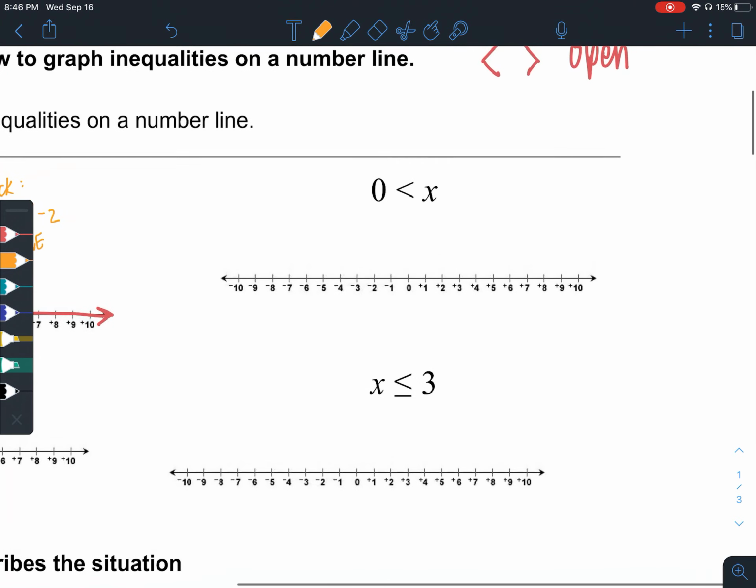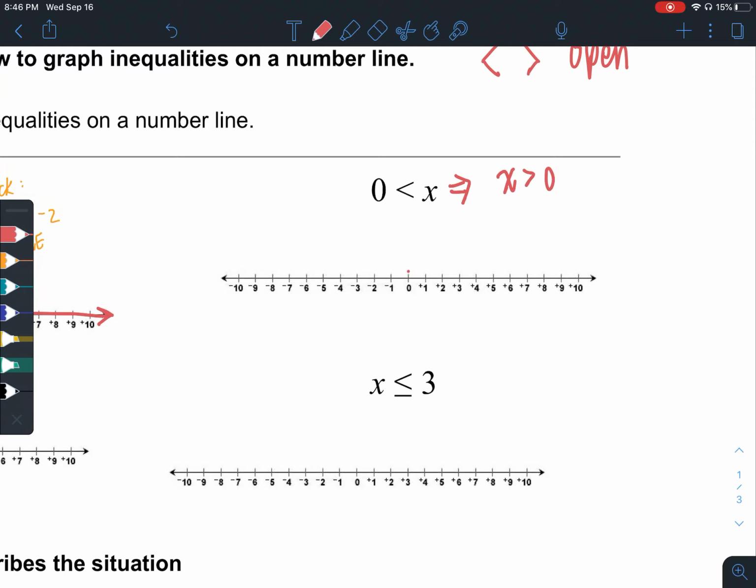All right, hopping over here to number 2. I've got my x on the right, but I want to move it to the left. So I'm just going to switch. So I have x is greater than 0. All right, I do have an open circle there.